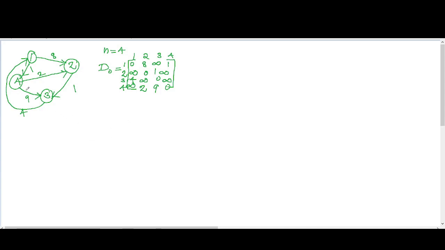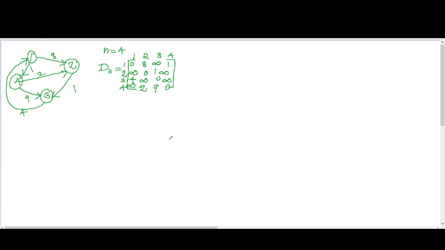Now, here there are 4 vertices, so we have to find D1, D2, D3, D4. That means we have to find 4 matrices here. Then the last matrix will give you the shortest path distance between every pair of vertices.